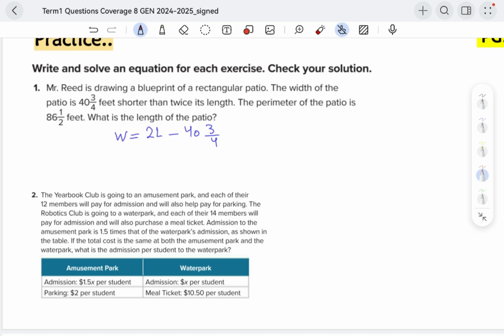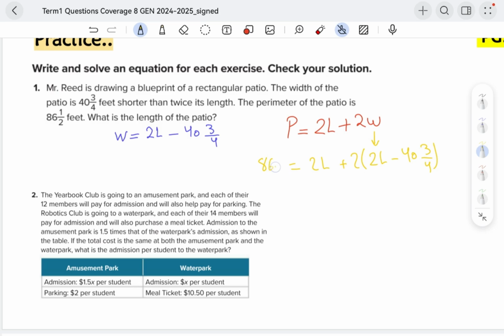First we have to write the formula. P equals twice the length plus twice the width, and the width is given for us. We know that the width is twice the length minus 40.75. We're gonna substitute this in the equation, so P also is given, 86.5.